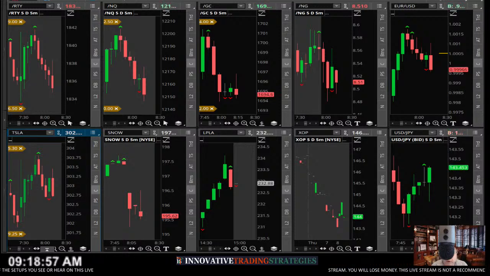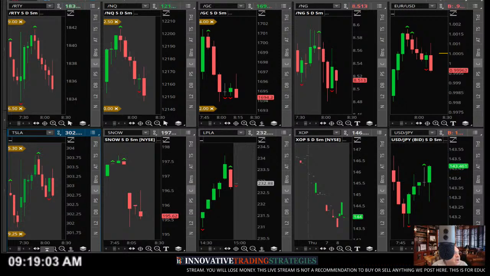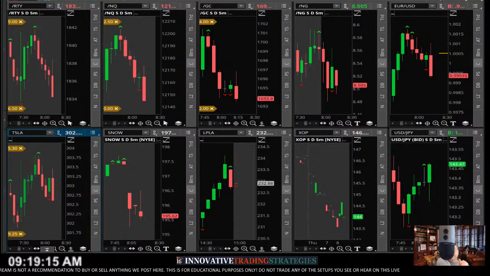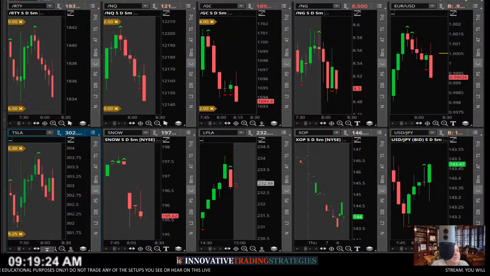So one of the things we always suggest is when you're trading, I think trading basically in general, but particularly if you're trading these patterns, I don't recommend trading more than 2 markets at a time. So if you're trading one of the indices like RTY, maybe only trade a gold along with it or a natural gas with it.